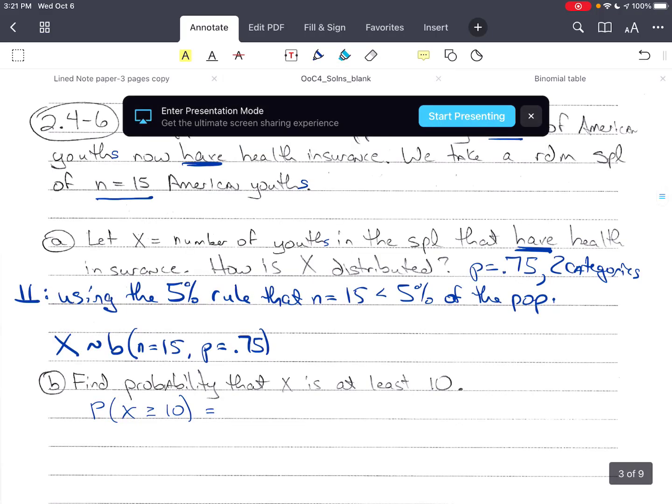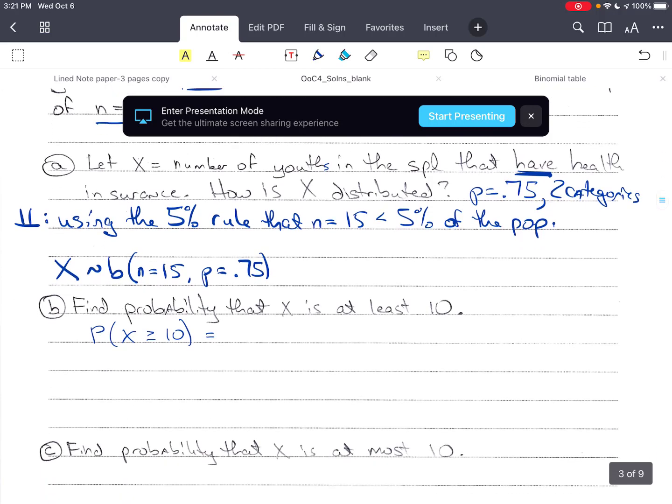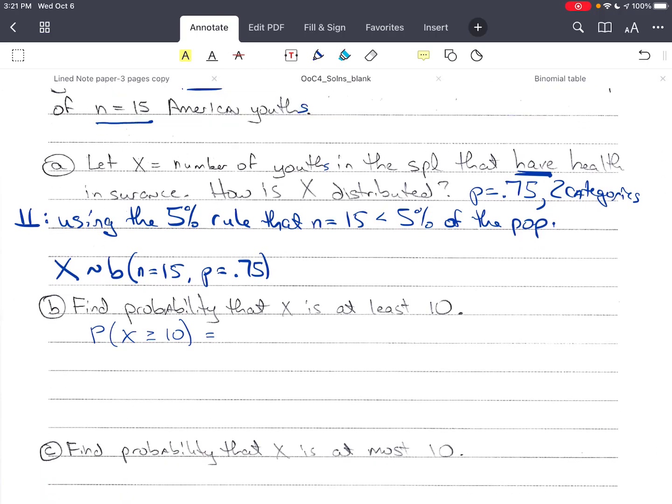So let's think about this. We're saying that out of 15 youths, at least 10 have health insurance. That's 10, 11, 12, 13, 14, or 15.